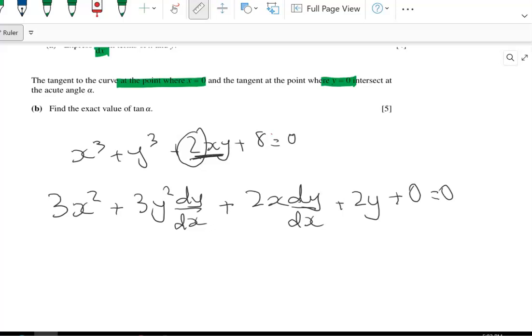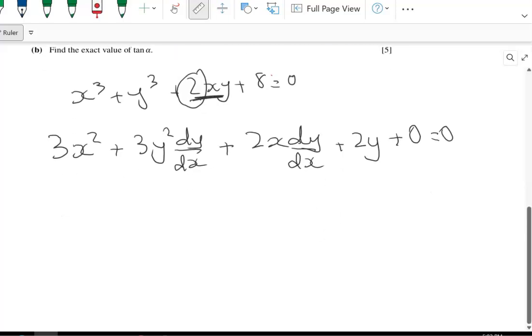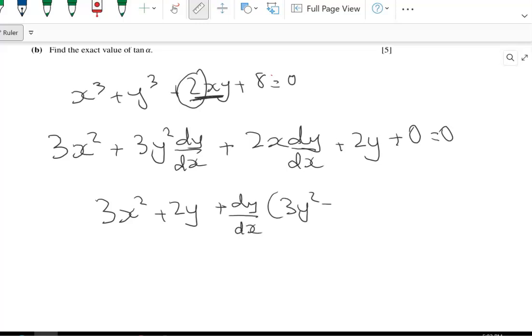So that's the first part done. We should check that before we go on, but we get, gathering things up, 3x squared plus 2y plus dy by dx times 3y squared plus 2x is equal to 0.